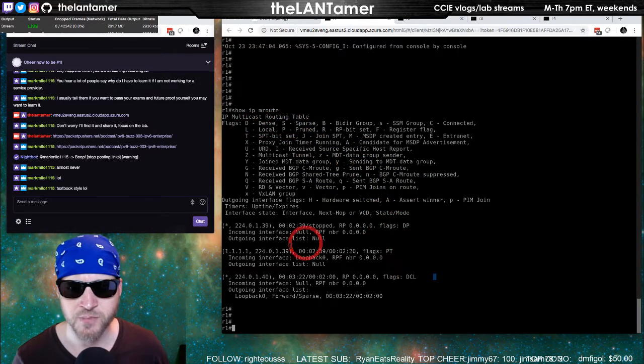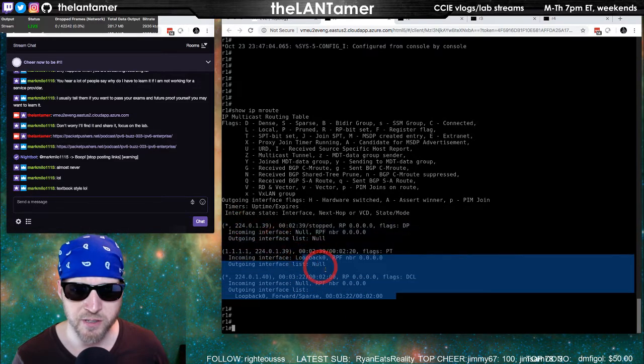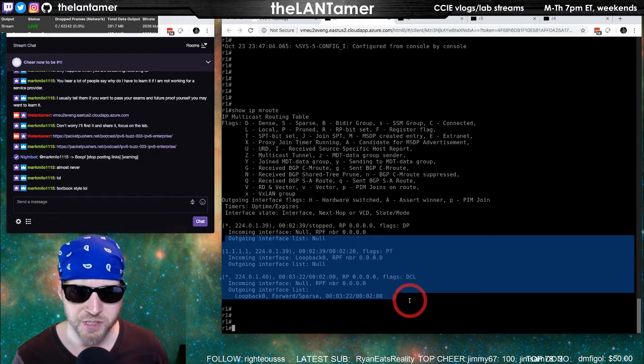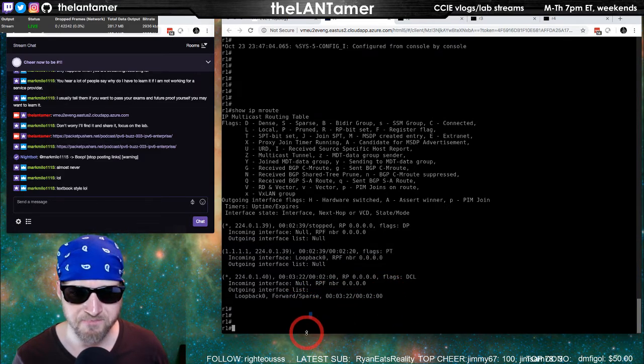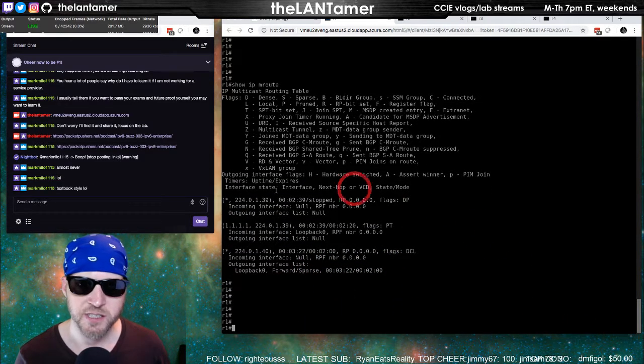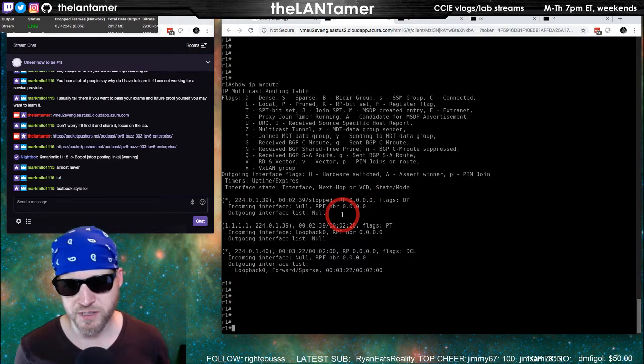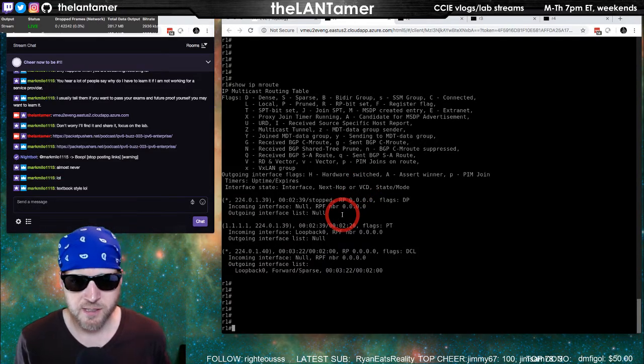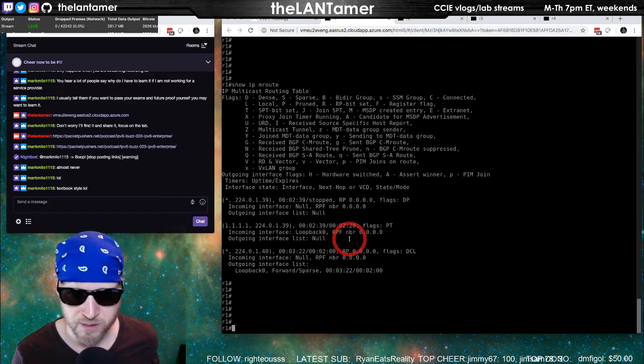This is PT, that means pruned, and shortest path tree bit set. I don't know. Sometimes I get confused when I look at these reserved group addresses. It tends to make more sense once we have some listeners on the network. These are just weird ones, right?